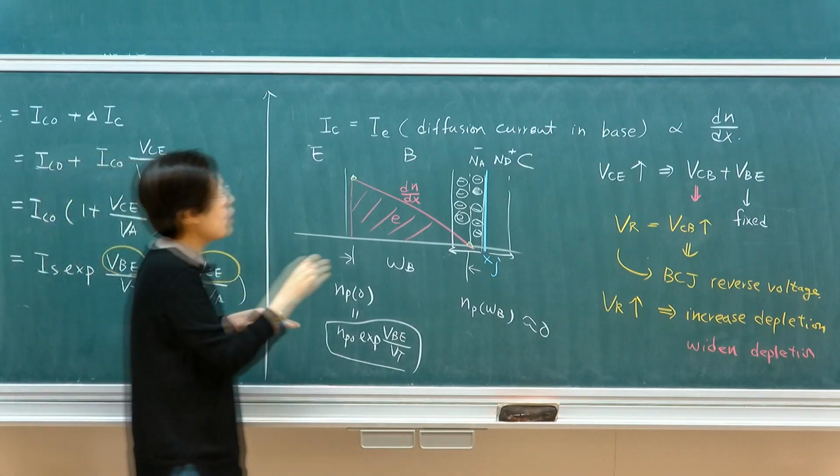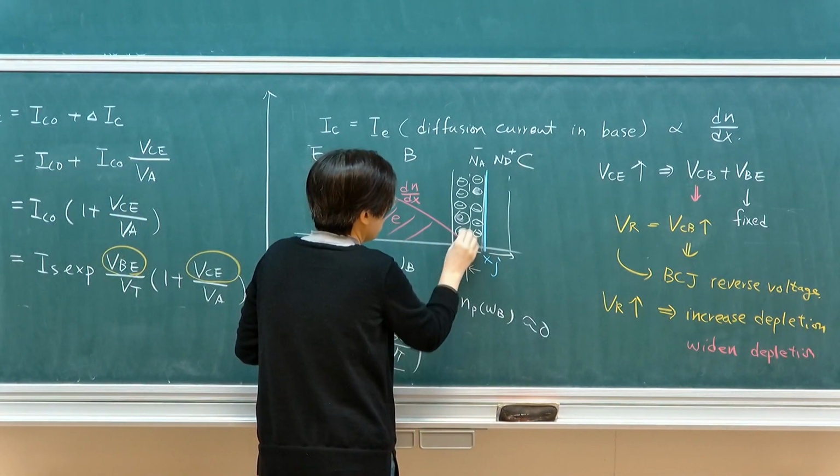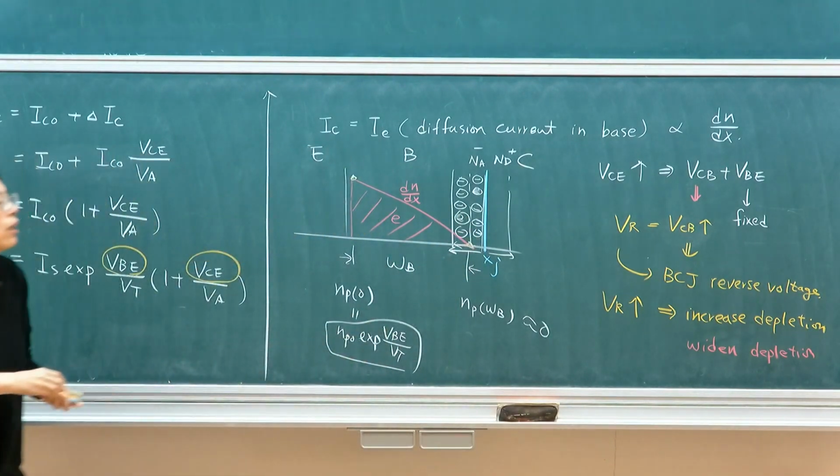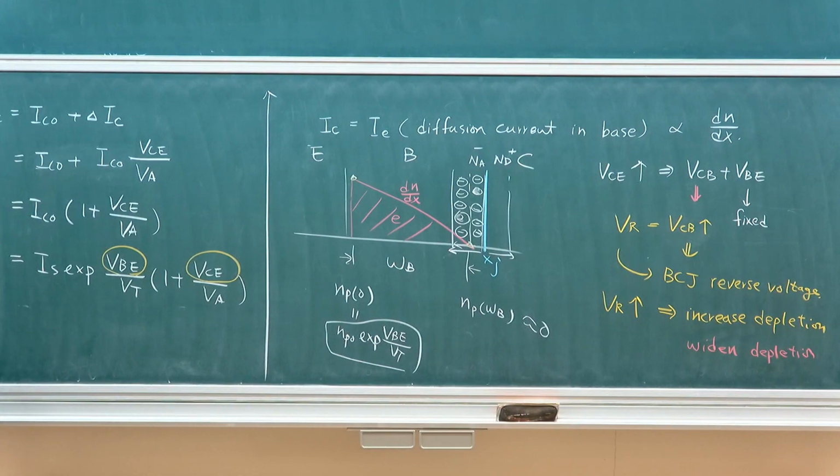But now if you zoom in, you will see that this depletion will grow, especially when the base width is small. If my base width is like 100 micron, I don't really care if it inches in a little bit.